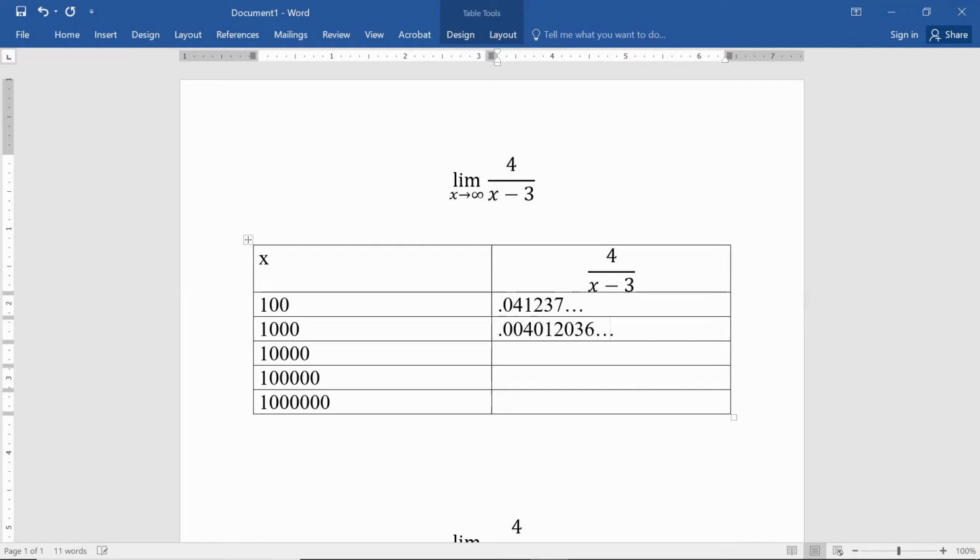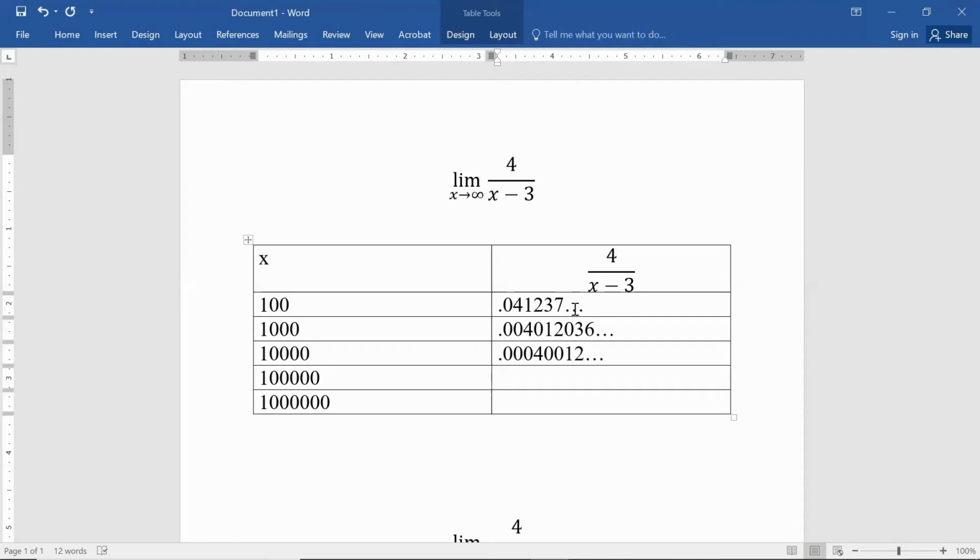If I plug in 10,000, my calculator gave me scientific notation of 4.0012 times 10 to the negative fourth. The way the calculator does that, it says e negative 4. What that really is, is the number 0.00040012.